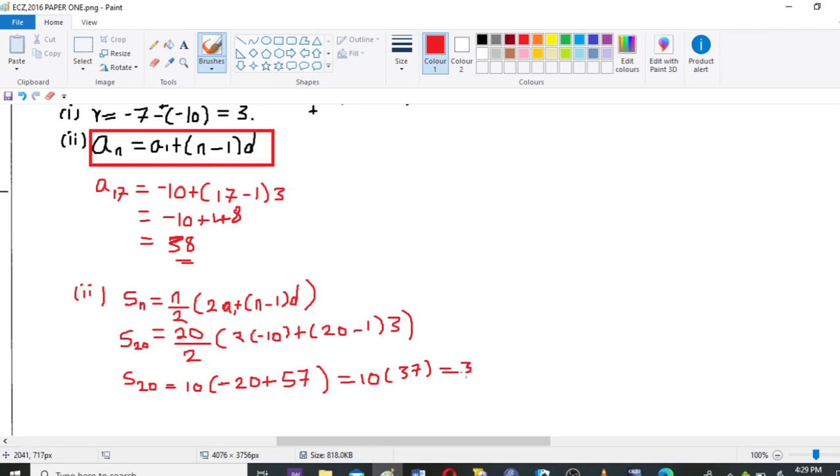So you have 370 as the sum of your first 20 terms. Okay, so that's how we calculate for arithmetic progression.